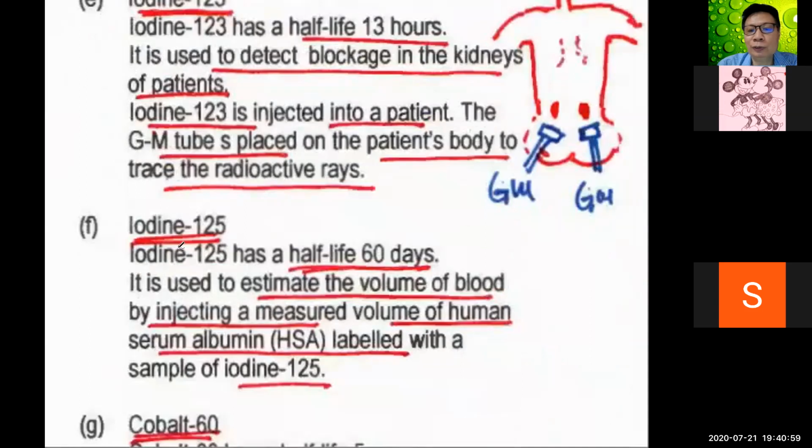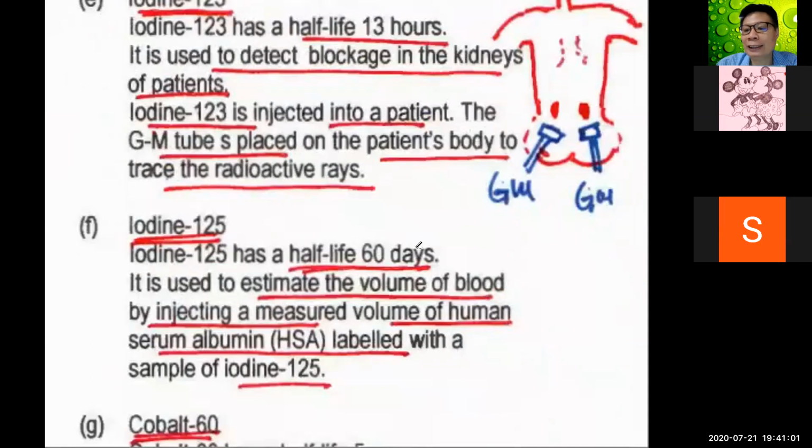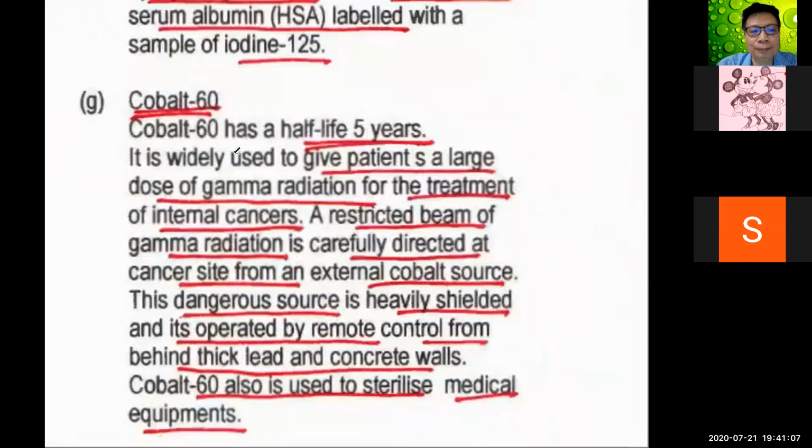Then iodine-125 to estimate the volume of blood. And most important, last is cobalt-60. This is used in killing cancer cells, using gamma rays to kill cancer cells.